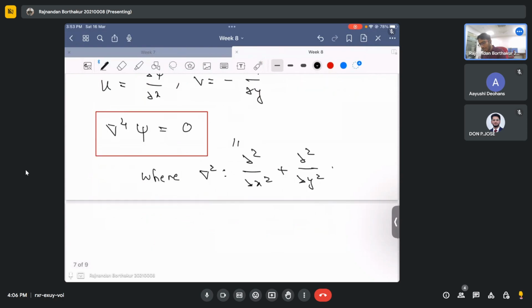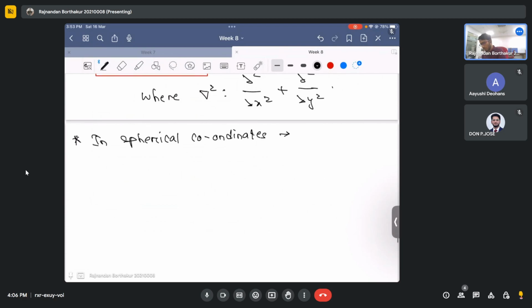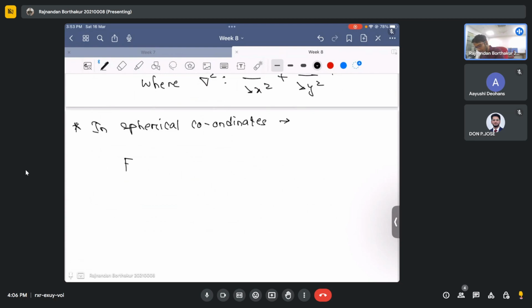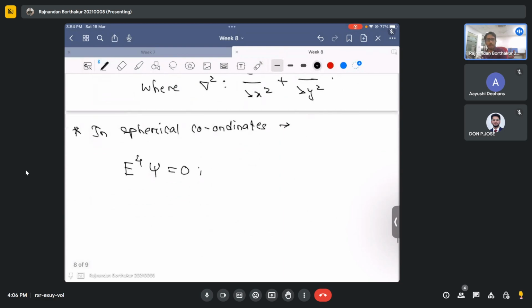In the same spirit, it can be shown that in spherical coordinates, the stream function essentially satisfies E4 psi equals 0, where E4 is a similar operator as this del 4. Only that we are now moving from a Cartesian coordinate into a spherical coordinate, and this E square in spherical coordinates looks something like this.